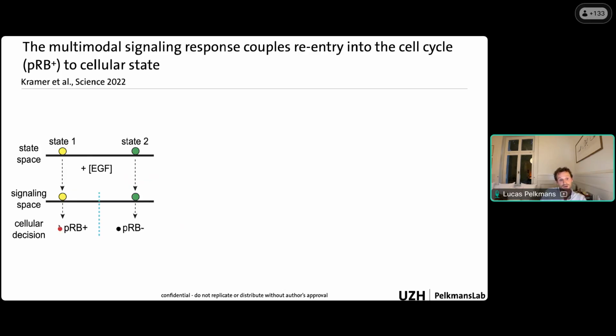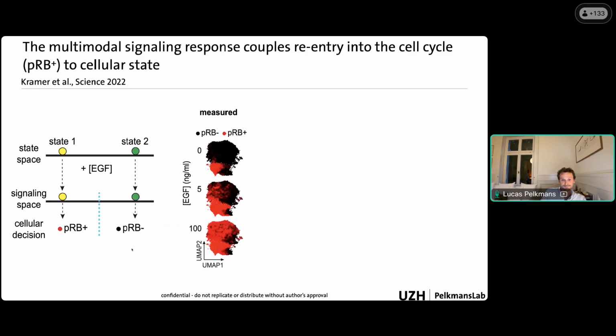For instance, re-entry into the cell cycle, which we can stain by having high levels of phosphorylated RB. Now, when you overlay this decision for cells to re-enter the cell cycle, you see that as a function of growth factor concentration, single cells decide to re-enter the cell cycle quite heterogeneously, but also shaped by position on cellular state space, as you see here.